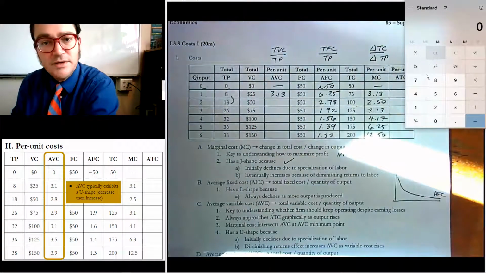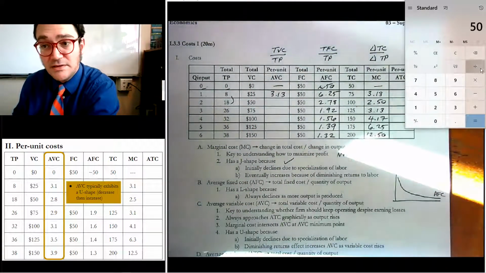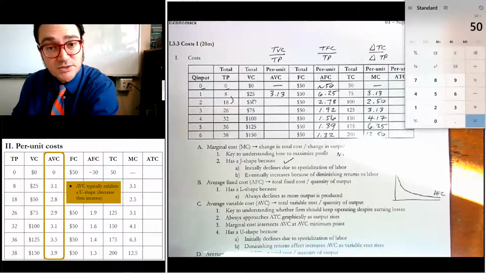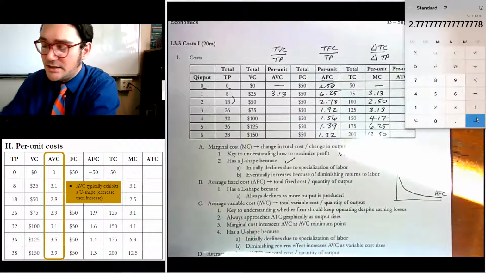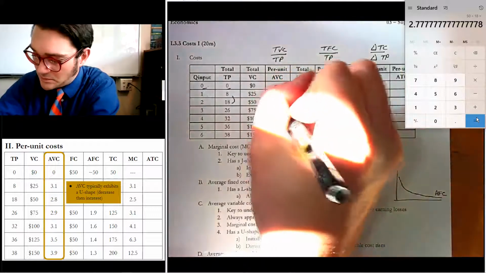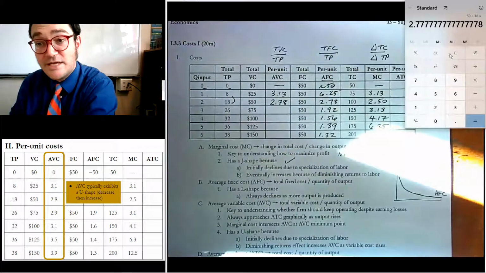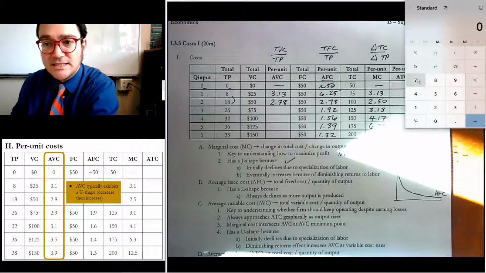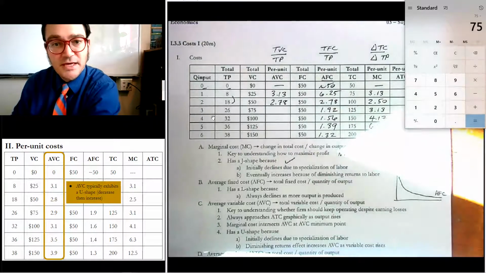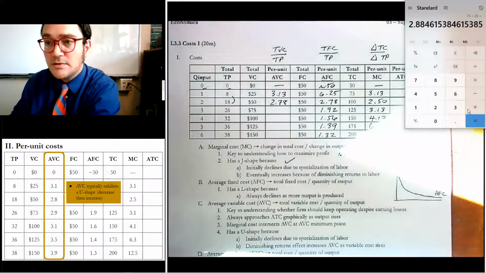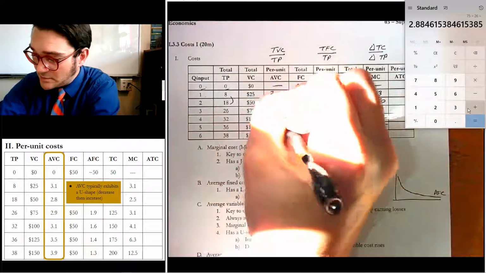And then the next one is 50, because again, these are the totals. So now we're going to use 50 here, divided by 18 is 2.78. So it's coming down. And then we've got 75 divided by 26, 2.88.